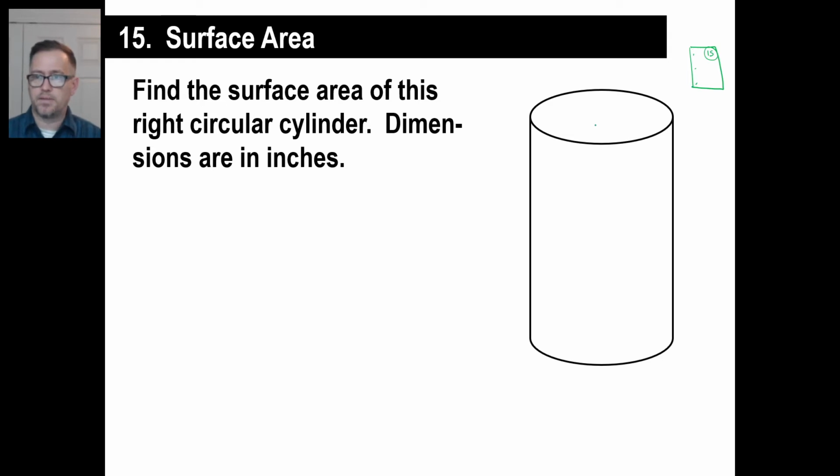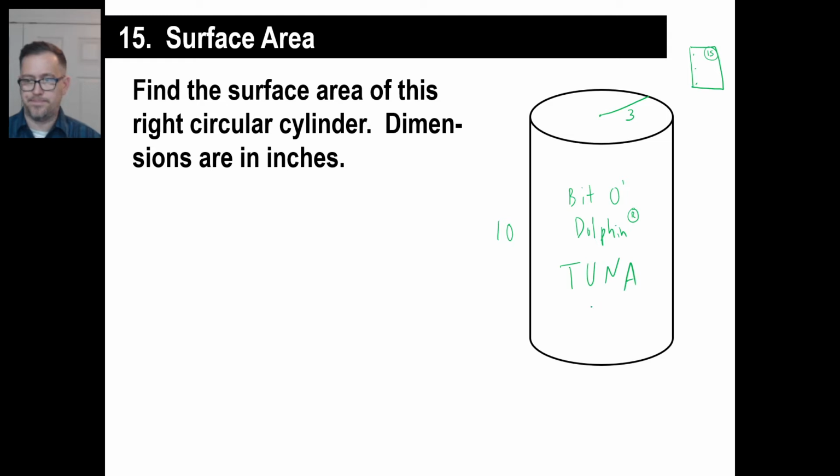Okay, let's go ahead and make a radius of, we'll say, I don't know, we'll say 3, a radius of 3 here, and we'll say this is a giant, I don't know, it's 10 feet tall, a giant can of, let's say, Bit O Dolphin, registered trademark, tuna.